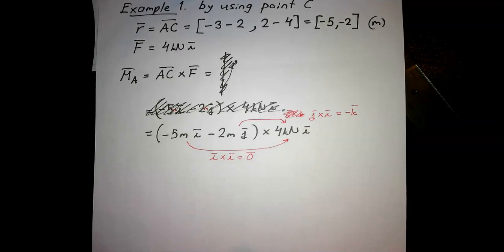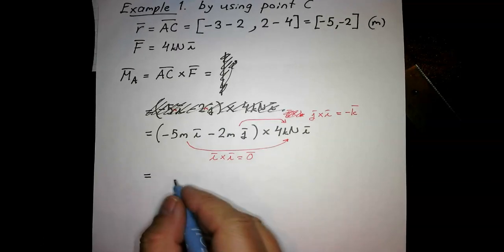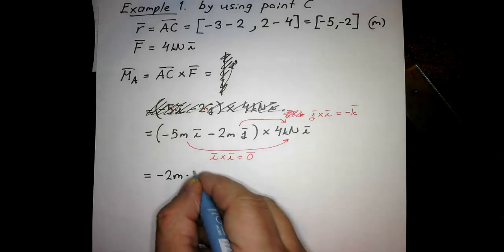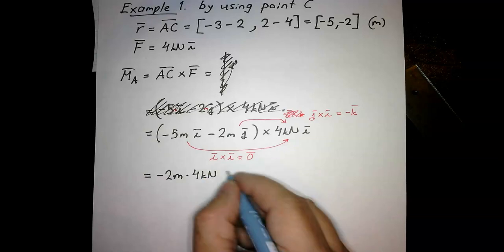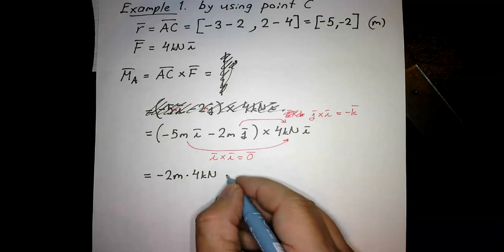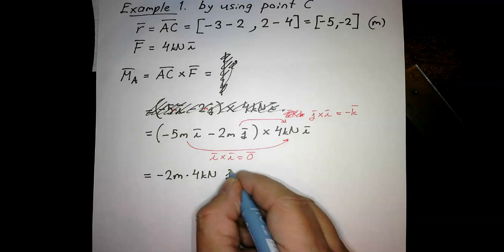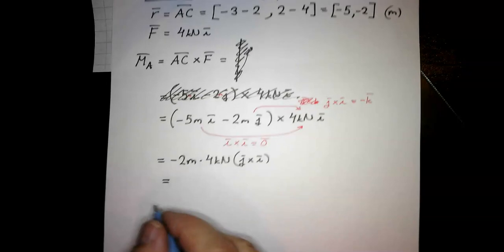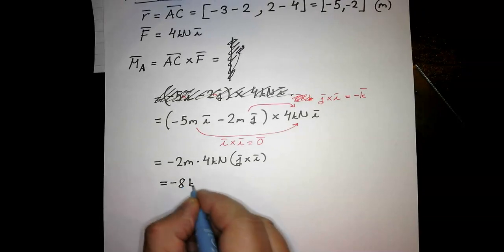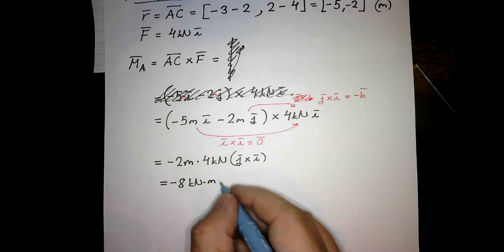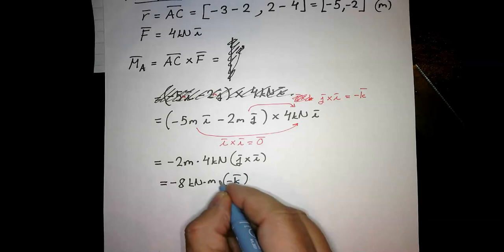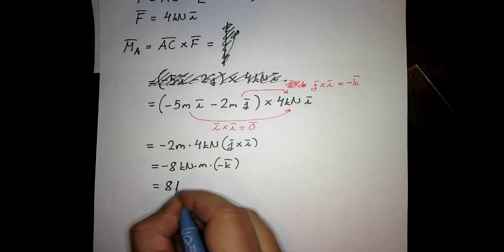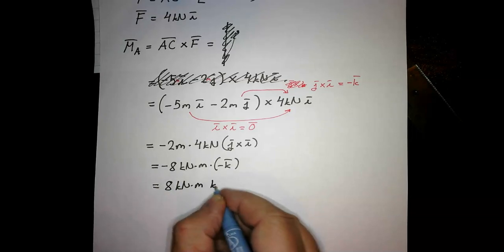So there we have minus 2 meters times 4 kilonewtons, and then j cross i, and this will give us minus 8 kilonewton meters, and then this is minus k, which will give us 8 kilonewton meters k.